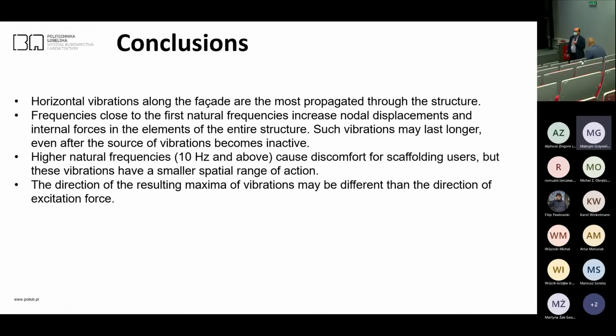Of course, frequencies that are close to natural vibrations are more excited, and they propagate along the whole facade, and the higher frequencies at 10 and more Hertz are not that much propagated, and they are observed at a small area of the scaffolding surface.